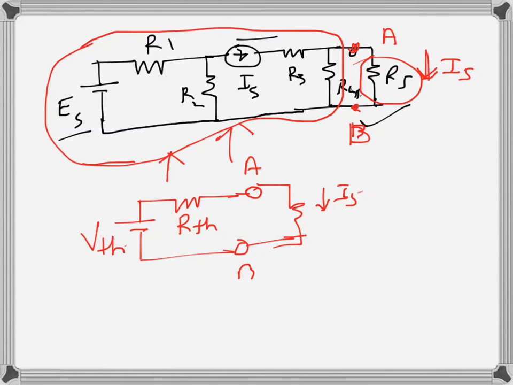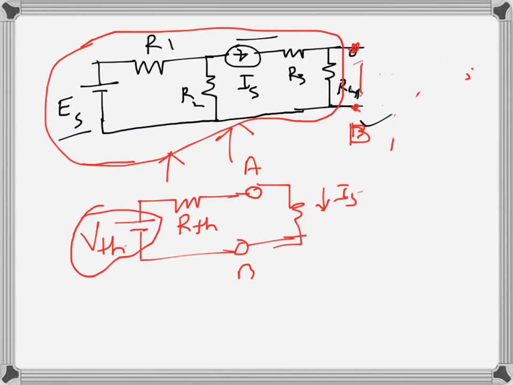Now the question comes how to replace. The thing is, how to find the Thevenin's voltage and how to find the Thevenin's resistance. To find the Thevenin's voltage, the circuit is disconnected at this point where we want to find the response, so basically this part is taken away and made open.